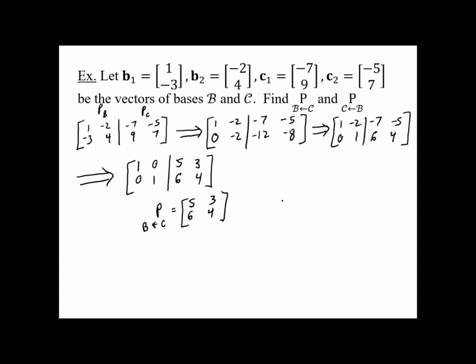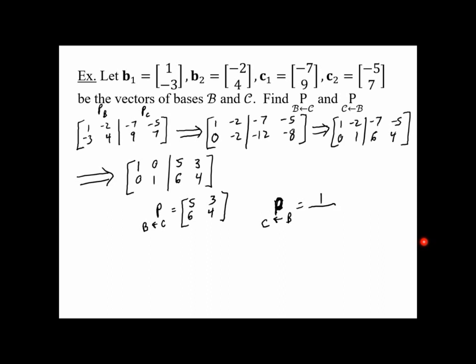Now we also need to find the change of basis matrix from B to C. But again, the nice thing is it's just the inverse of this one. So remember, it's a 2 by 2 matrix, so 1 over the determinant.